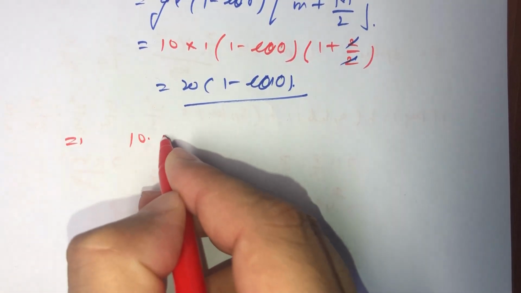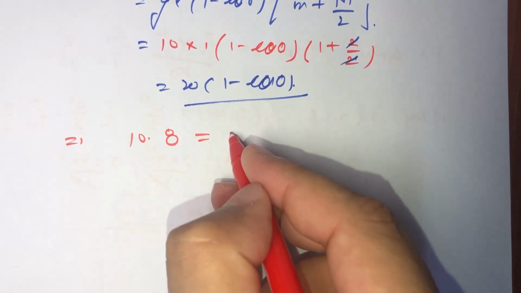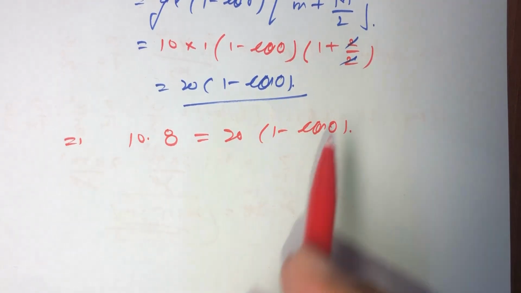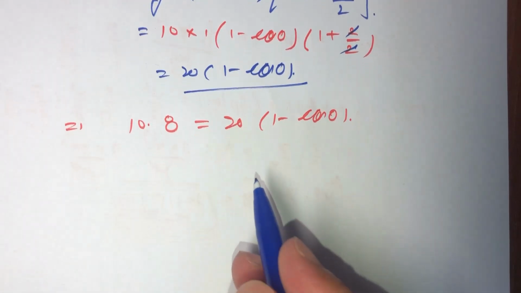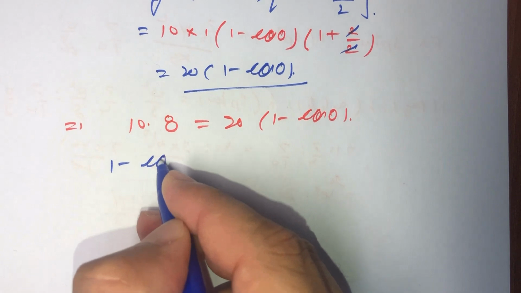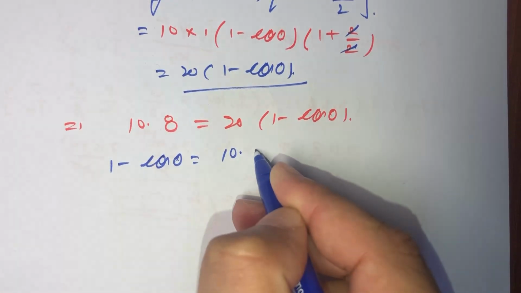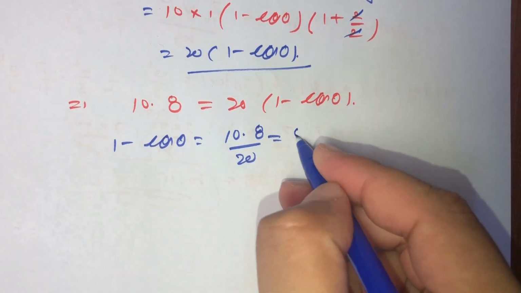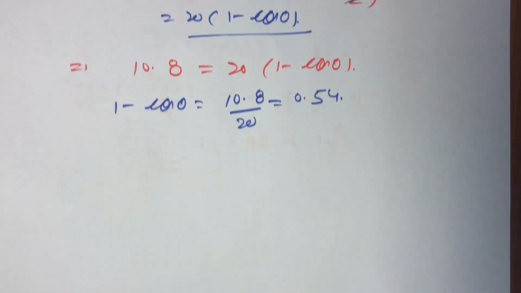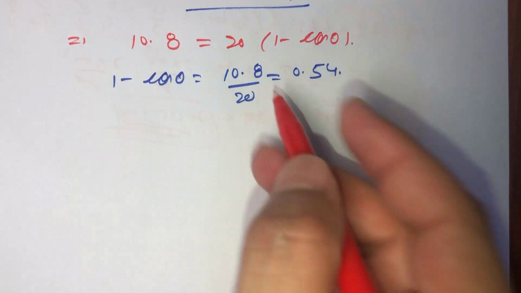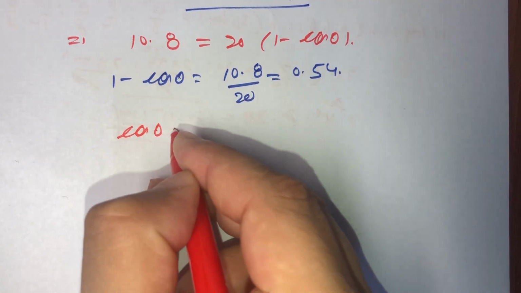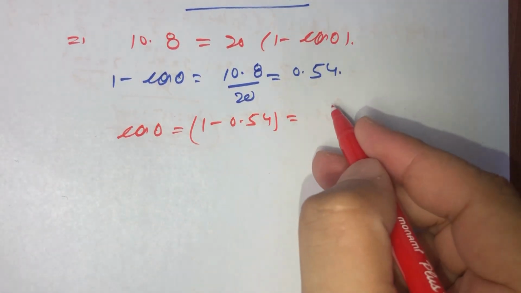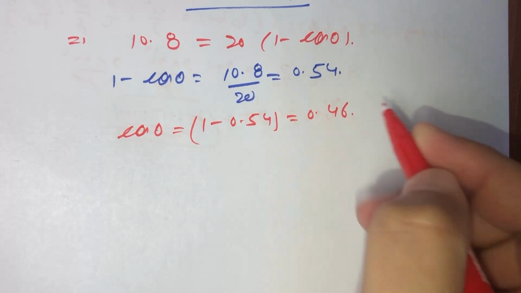Therefore, 10.8 is equal to 20 times 1 minus cos of theta, or from here 1 minus cos of theta will be equal to 10.8 divided by 20, which comes to 0.54, and cos of theta is equal to 1 minus 0.54, which is 0.46.